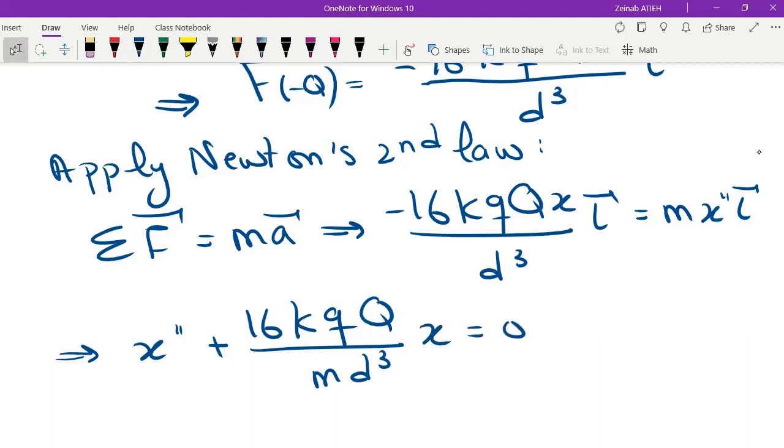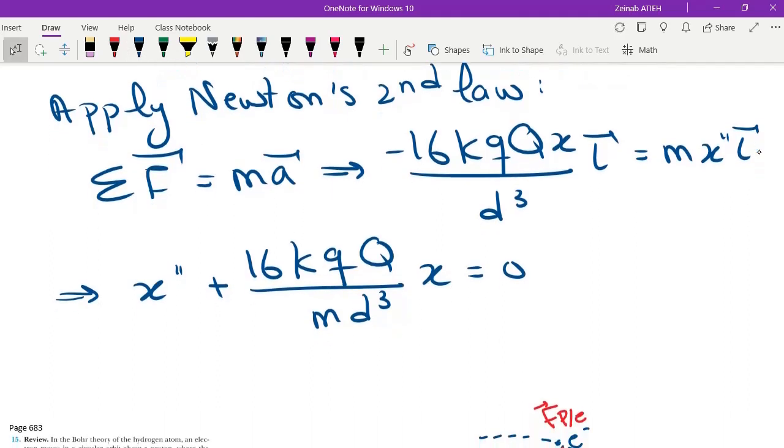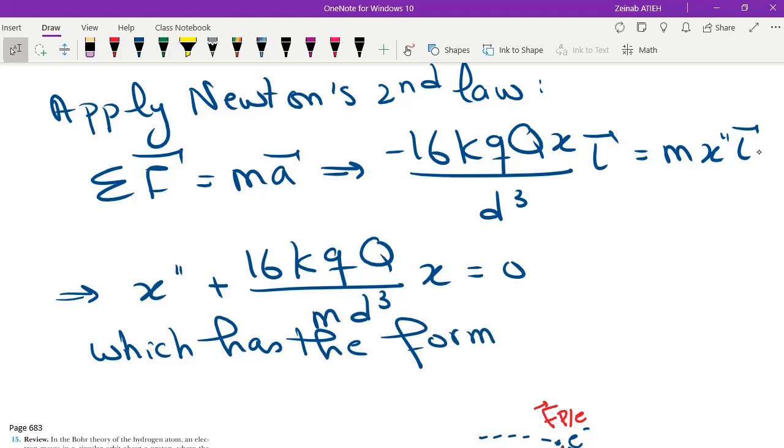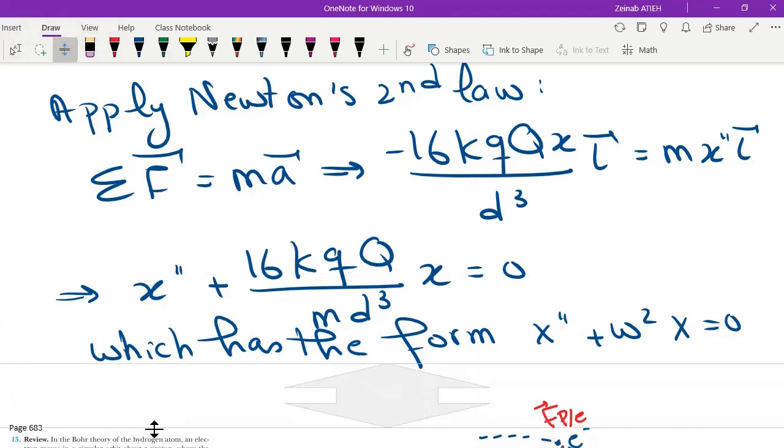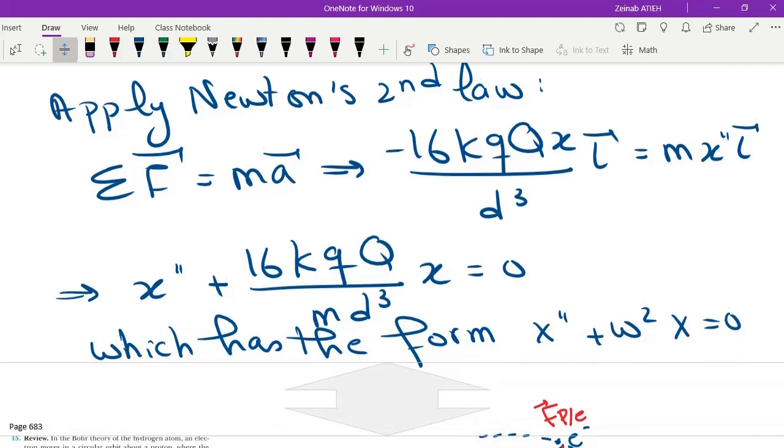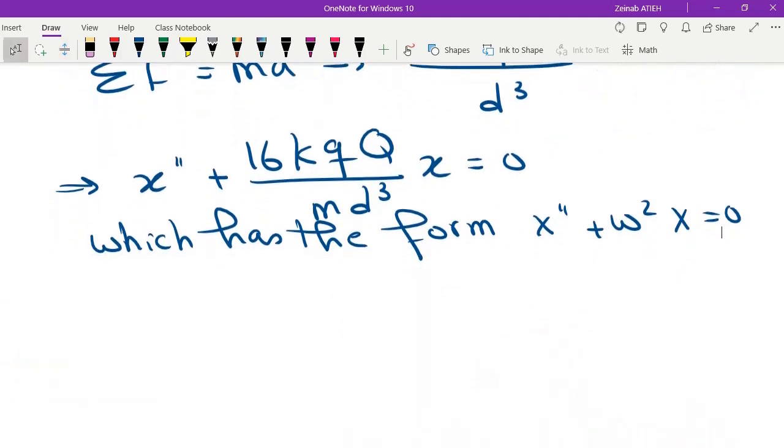This equation has the form x double prime plus omega squared x equals 0. You all know that any motion whose position x satisfies a differential equation of this form is a simple harmonic motion, so we deduce that this motion is a simple harmonic motion.